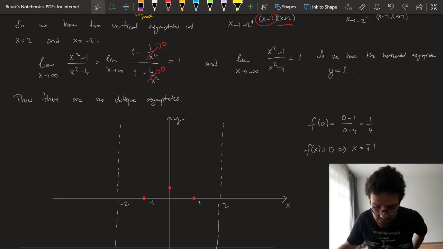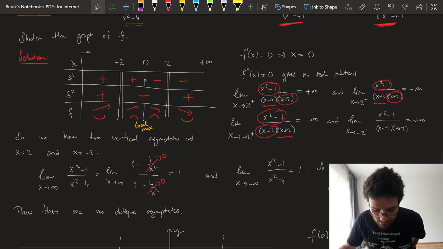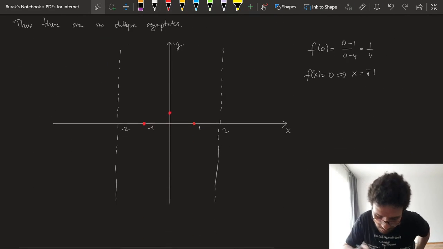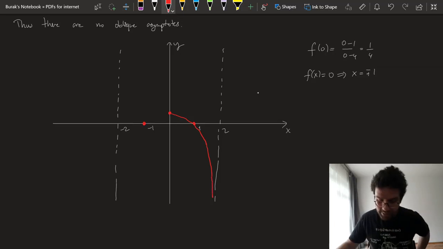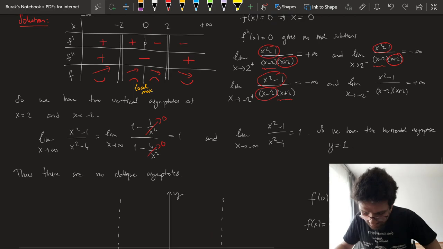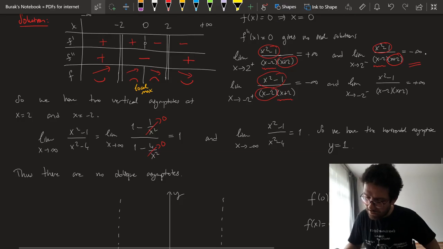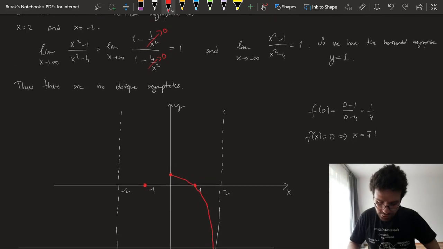And between 0 and 2, my function is decreasing in a concave down way, like this. And its limit at 2 from the left is negative infinity, over here. So I see this picture.